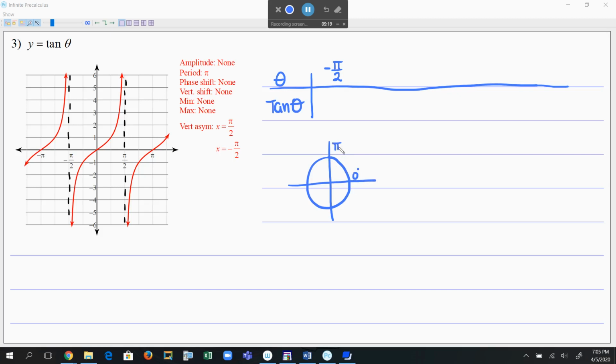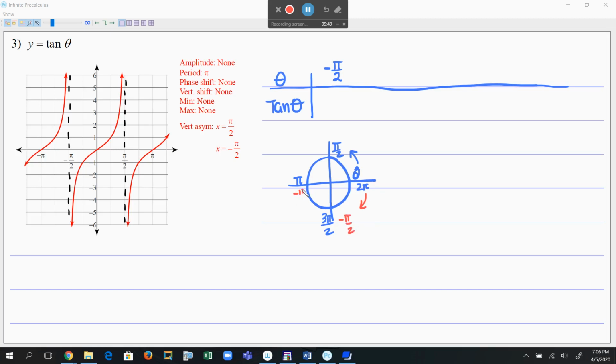Let me go with radians. This is pi over 2, and this will be 0 radians, pi over 2 radians, pi radians, 3 pi over 2, and 2 pi radians. To get a positive angle, you go counterclockwise. So this is a negative angle, so you are going to go clockwise. That will give a negative. So this is 0. This will be negative pi over 2.